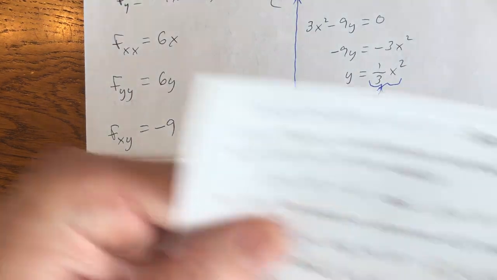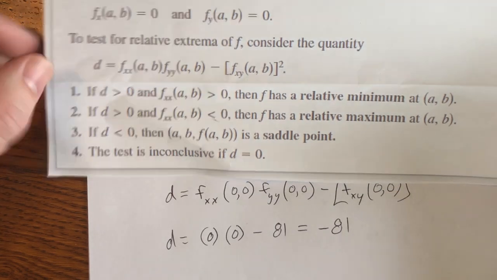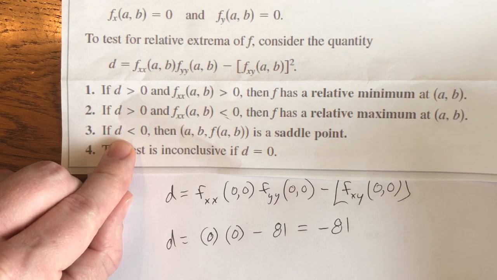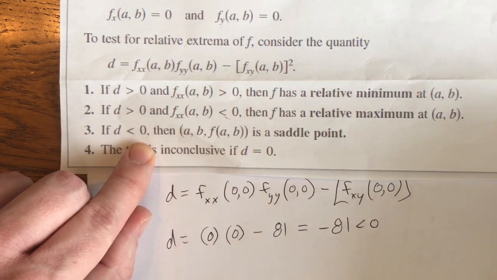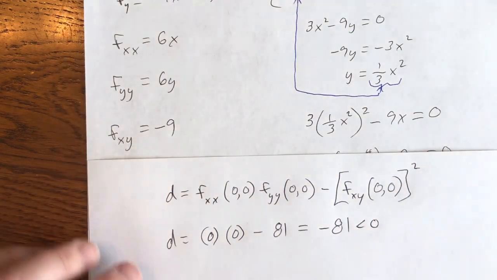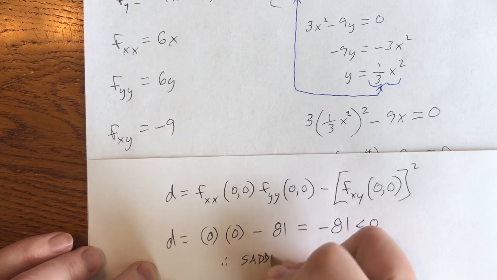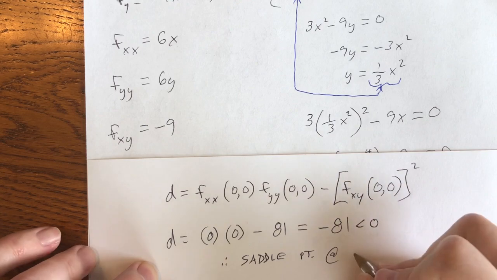All right, we go and look at our information. If our discriminant, our value that we obtained from the second partials test, is less than 0, which it is, we now know we have a saddle point. So therefore, saddle point at where?